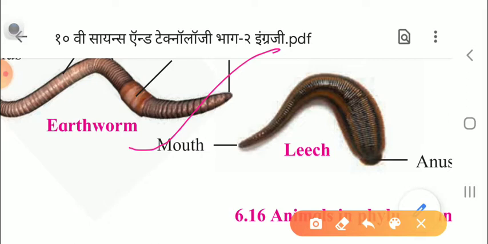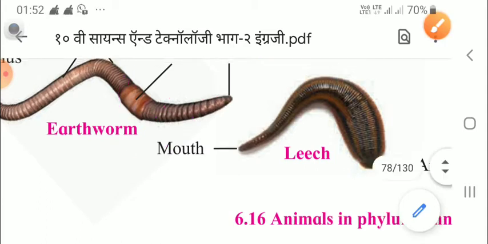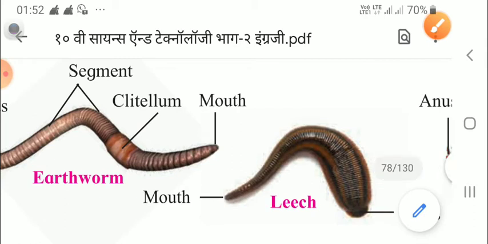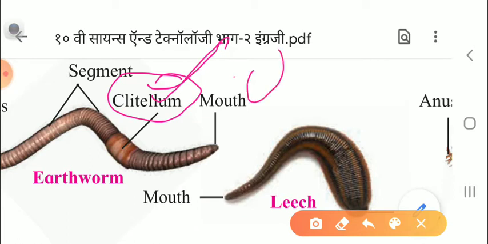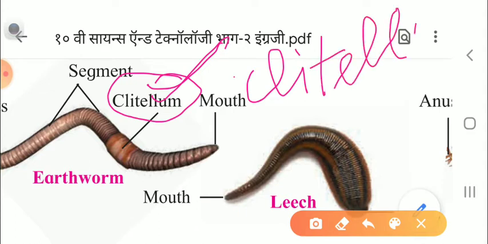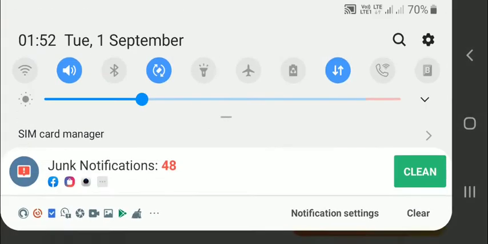But in between, you can see one specific part. It is made up of a very thick type of cuticle. This part is called the clitellum. You have to learn that this thick part, the clitellum, is present in the Annelida.